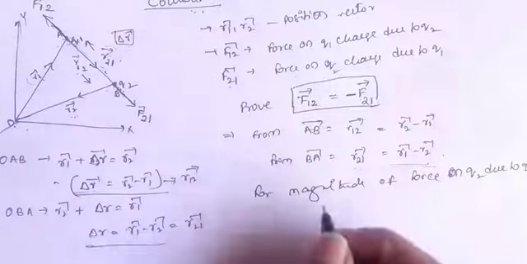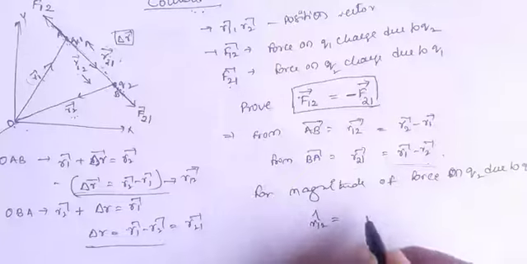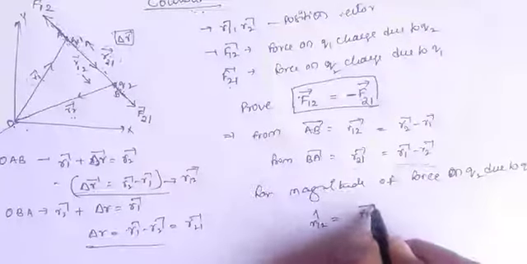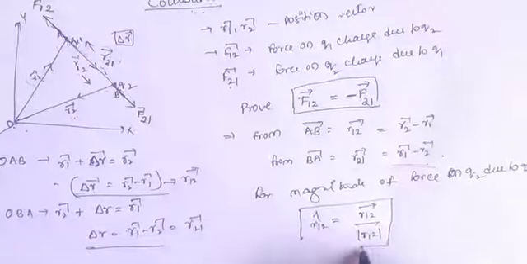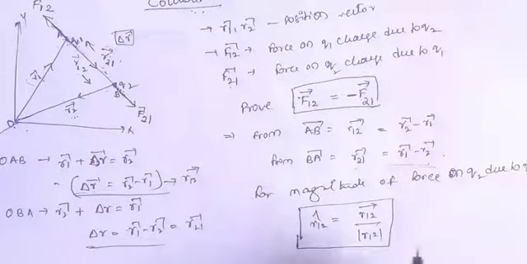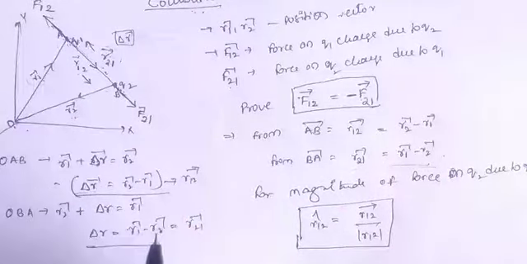So unit vector is equal to what? R12 unit vector is equal to R12 vector by the magnitude of R12. Okay, so this is the unit vector. Now we want the force on the second charge due to the first one. The unit vector can also be written as R12 cap.